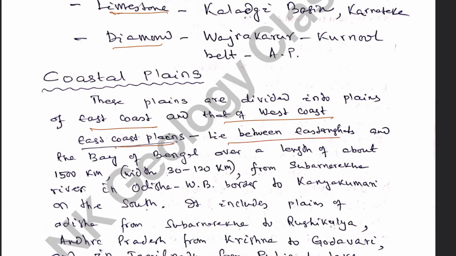In the East Coast, they lie between the Eastern Ghats and the Bay of Bengal, over a length of about 1500 kilometers, with width varying from 30 to 120 kilometers, from Subarnarekha river on the Odisha-West Bengal border to Kanyakumari in the south.